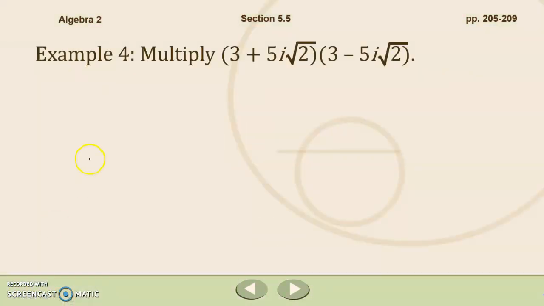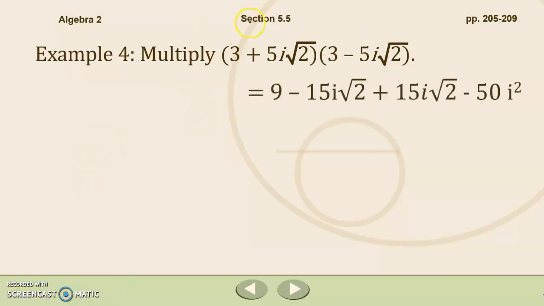All right, let's multiply these complex numbers using first, outside, inside, last. Let's FOIL. Doing so, we would get 9 minus 15i root 2 plus 15i root 2 minus 50i squared.